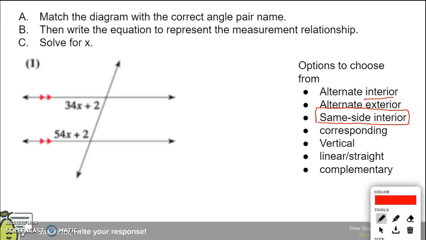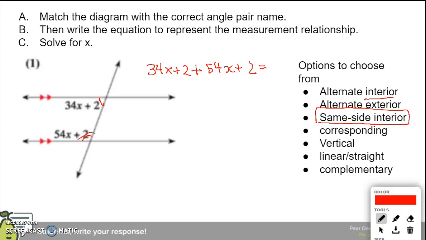Okay, so same side interior angles of parallel lines add to 180 degrees, or they are supplementary. So we would write the equation 34x plus 2, that's the first angle here, plus 54x plus 2, that's this angle here.